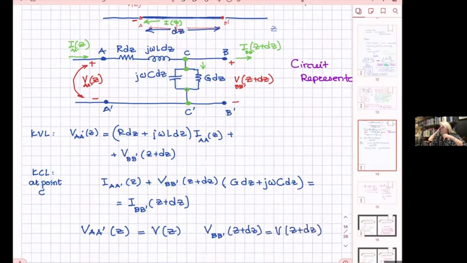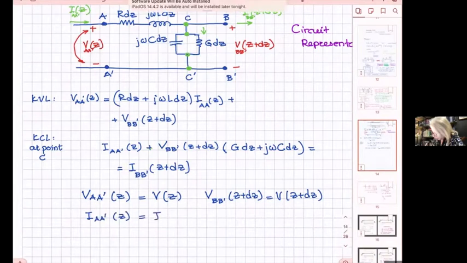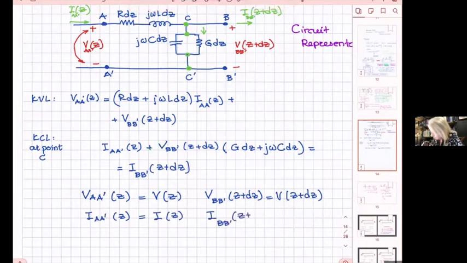I just put the prime so we can differentiate between the various places on the circuit. And then I know that I_AA' of z equals I of z, and I_BB' of z plus dz is nothing else but I of z plus dz.